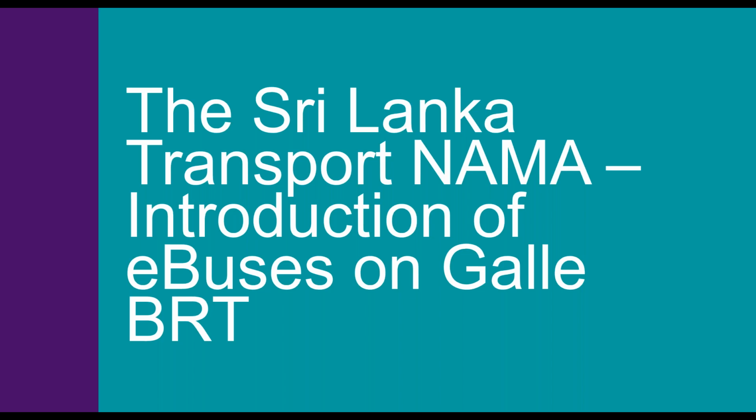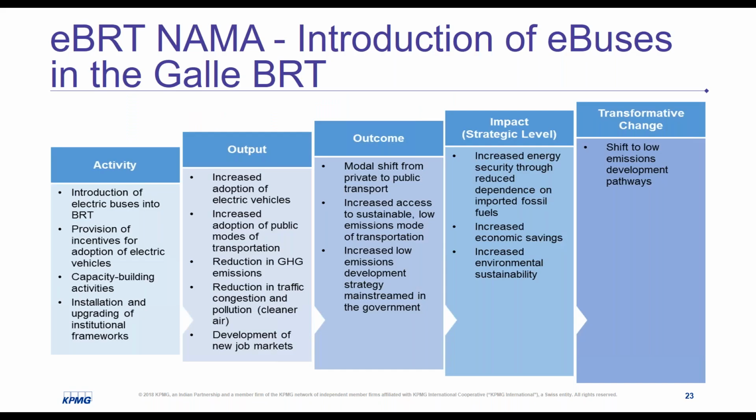Now I should come to the actual NAMA intervention. It was designed that we should look at introducing electric buses into the BRT, as I've already said. There needed to be provisions for incentives for adoption of electric vehicles, which is why the government thought that within the plan, we could look at introducing tax breaks for importing electric vehicles.